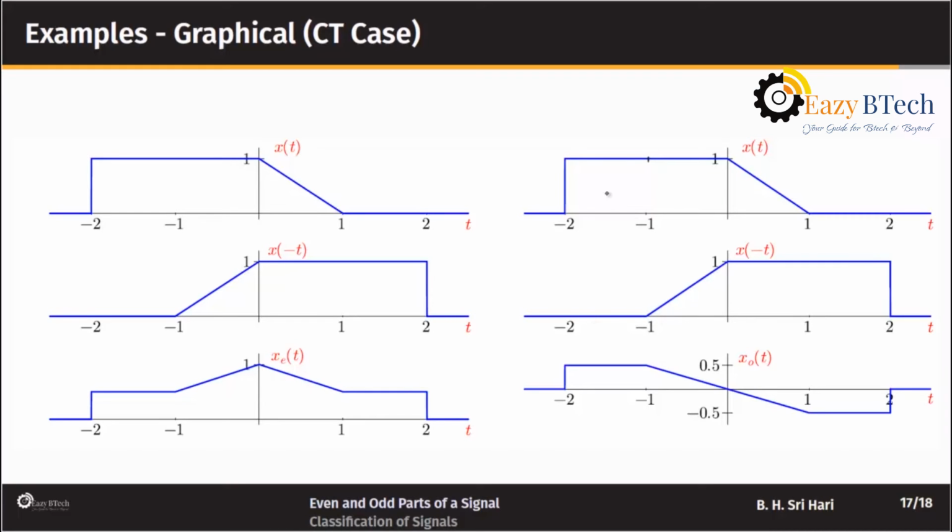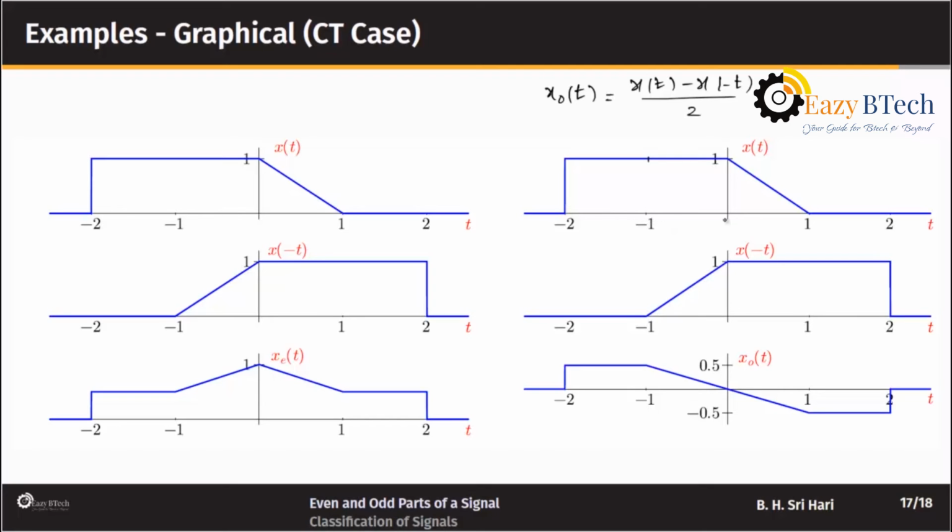If you subtract, what happens? 1 minus 0 would be equal to 1, and again you have to divide by 2, and hence you get half. Okay, so what is our xo of t here? Xo of t is nothing but x of t minus x of minus t by 2. So 1 minus 0, which is 1, divided by 2, which is equal to half, or 0.5.